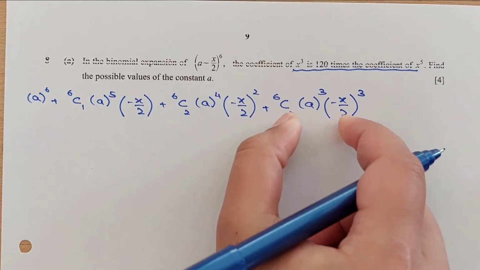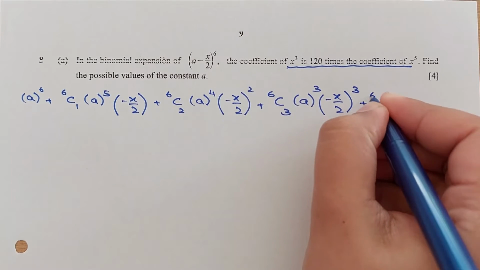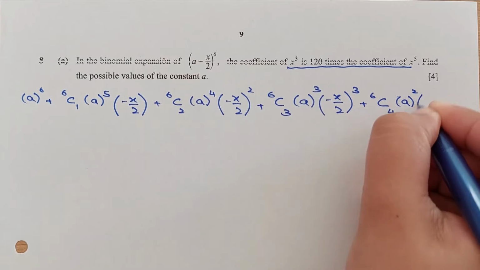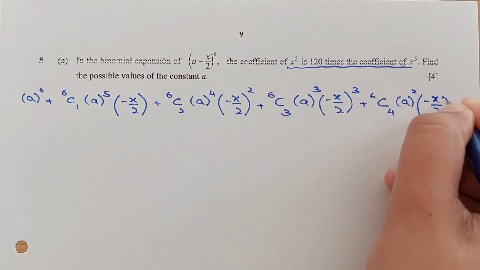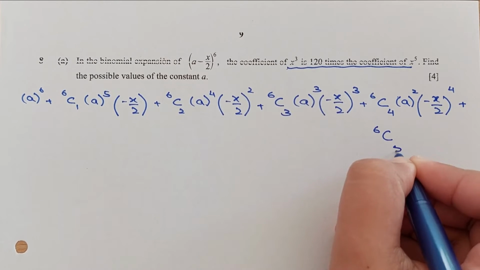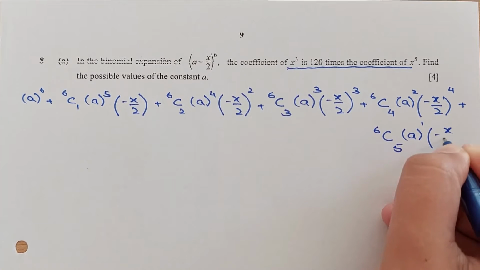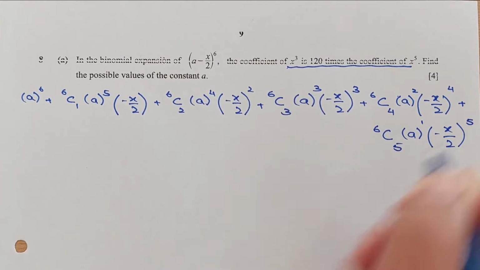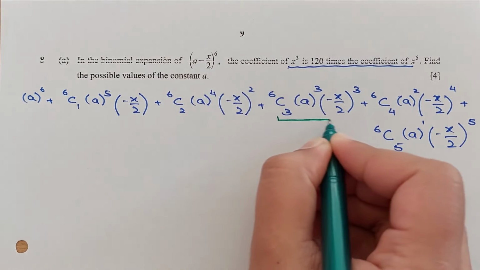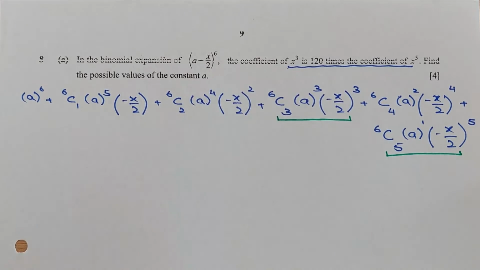So you can see this is the x cube term, right? Then 6c4, a power 2 and minus x by 2 power 4, plus 6c5, a power 1 and minus x by 2 power 5, right? So we have to use just two terms, the coefficient of x cube and the coefficient of x power 5. Okay, let me simplify.